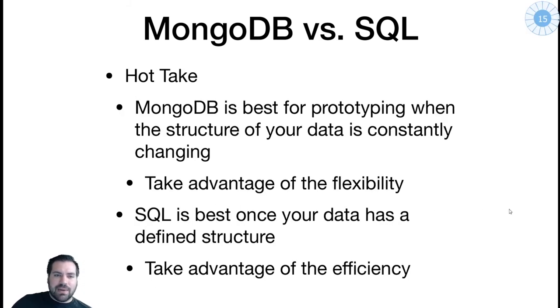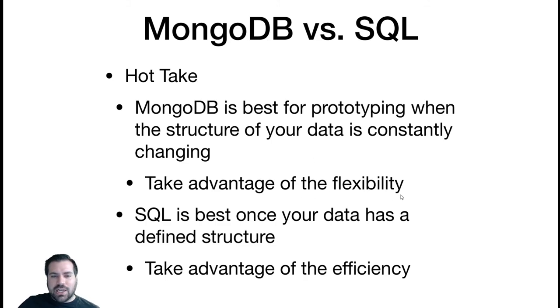So my hot take on this, MongoDB is the best if you're prototyping. You don't know what your structure is, and your structure might constantly be changing. Think of a hackathon. As you go through a hackathon, the structure of your database is going to change by the hour, if not the minute. Like, oh, wait, we need another field here because we forgot to add it in, and I guess we need that for our structure.